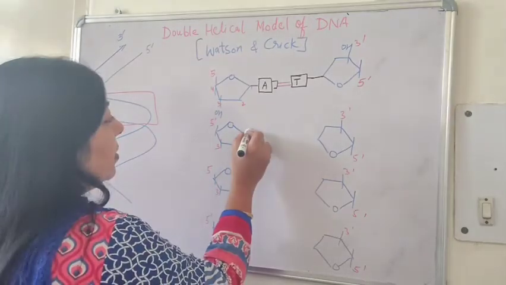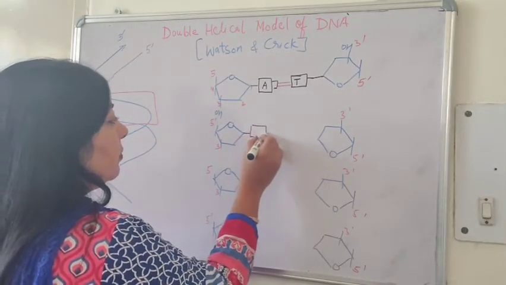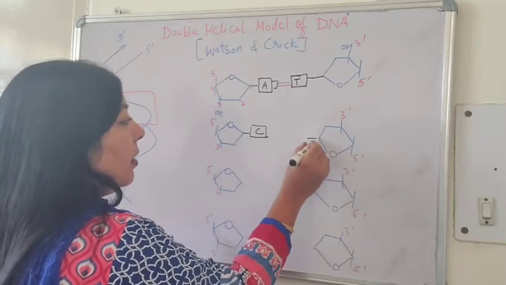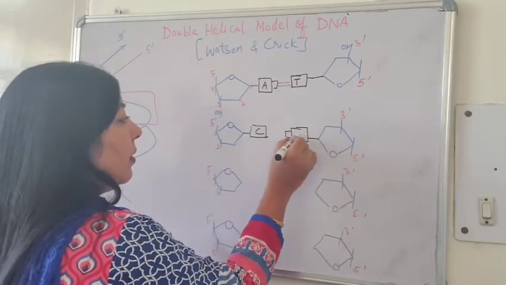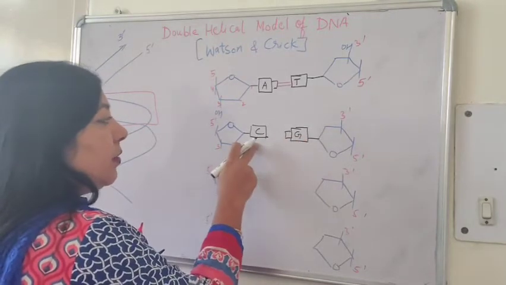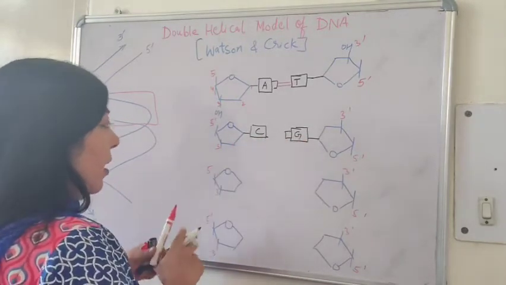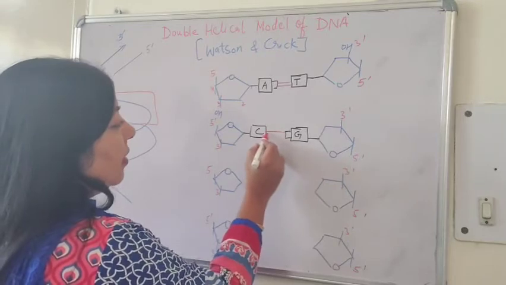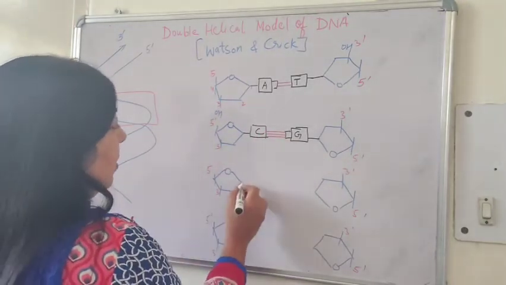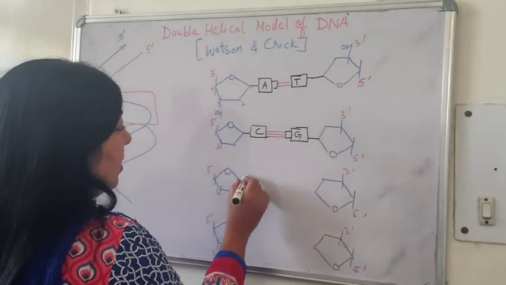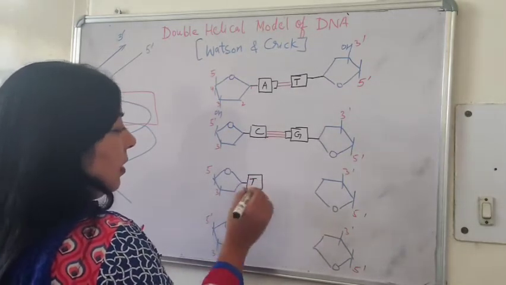Let's see here. Suppose here it is cytosine. Here the nitrogen base will be guanine. This is pyrimidine, this is purine, and they will be held together by three hydrogen bonds. Suppose here the nitrogen base attached is thymine.